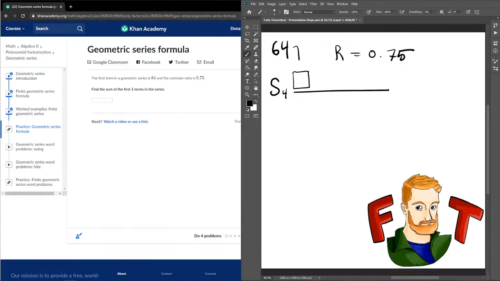So this goes there, and then that is multiplied times 1 minus the ratio, 0.75, to the nth term, which in this case is 4, over 1 minus the ratio.